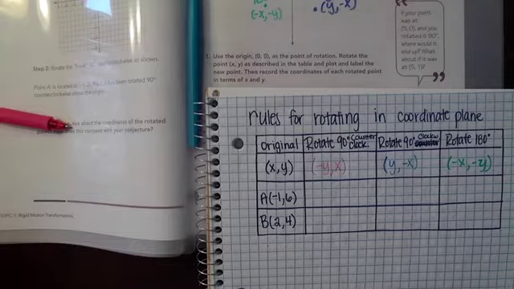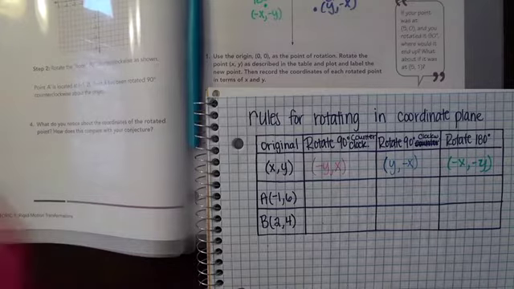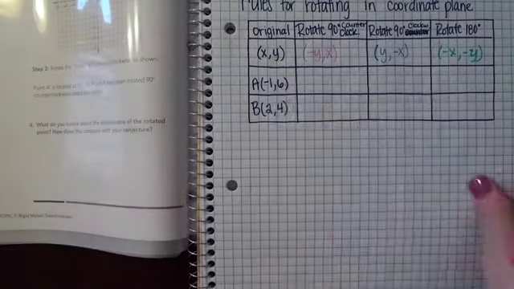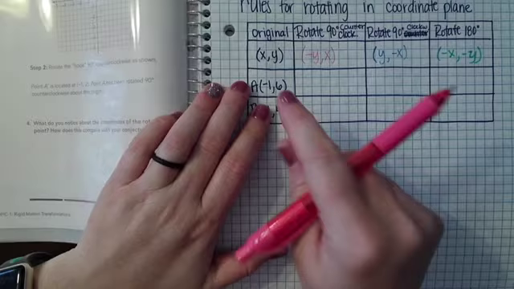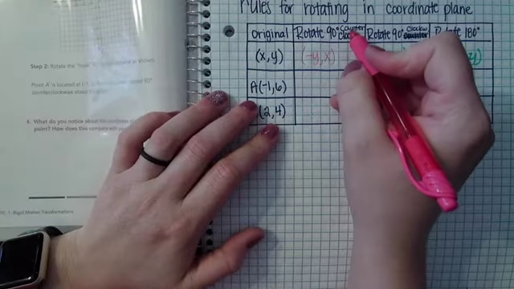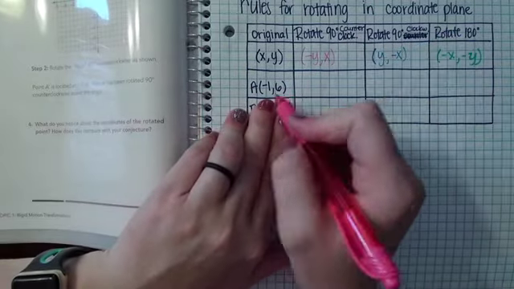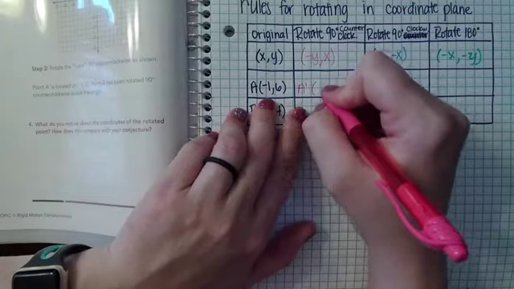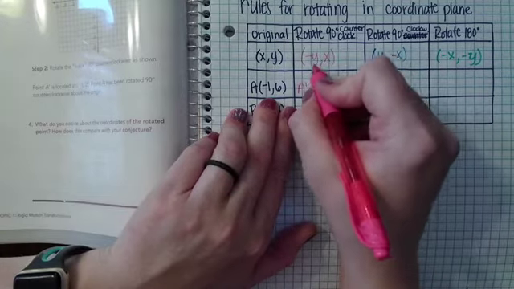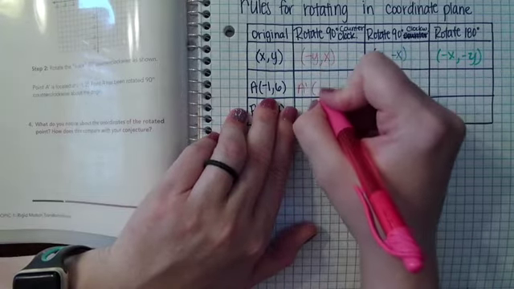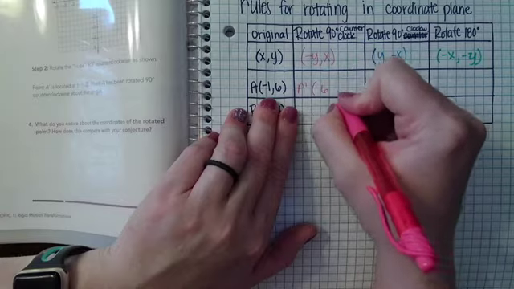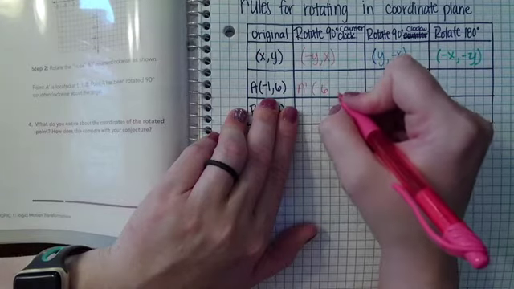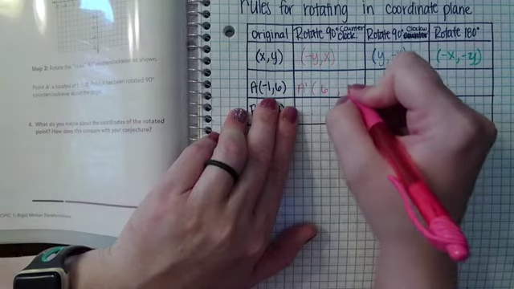Okay, so let's go ahead and do this example. So if we're going to take this point and we're going to rotate 90 degrees counterclockwise. So for A prime, notice the x and the y switched, so I'm going to write 6, comma, and then 1.